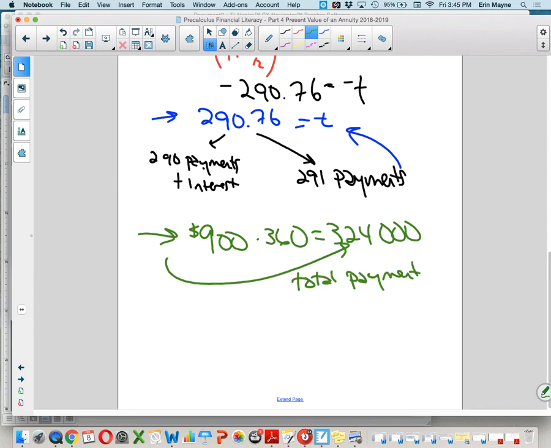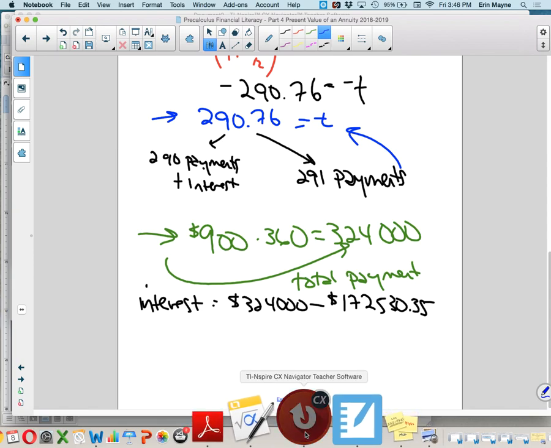Another follow-up question would be, how much interest did you pay? Well, when I want to talk about interest, I want to think about how much did I pay in total minus how much my present value of my money is. So this would give you your interest amount by subtracting. So this becomes an interesting evaluation of money if you're careful here.